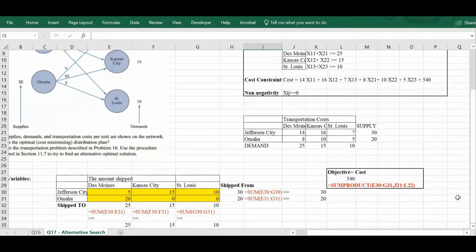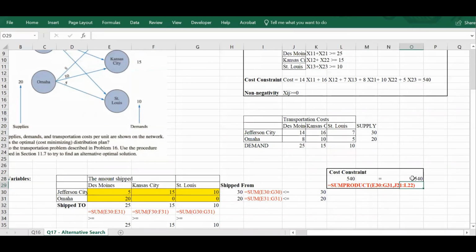So now I come here, and I'm going to change the objective cost to cost constraint. I want it to be equal to 540.